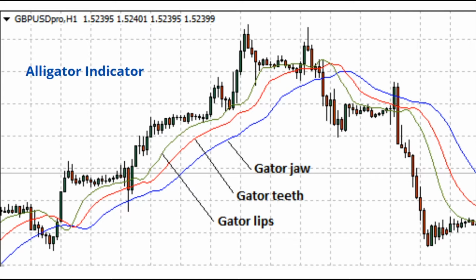The blue line represents a 13-bar moving average shifted 8 bars forward on the chart. The red line is an 8-bar moving average shifted 5 bars forward. Finally, the green line is a 5-bar moving average shifted 3 bars forward.